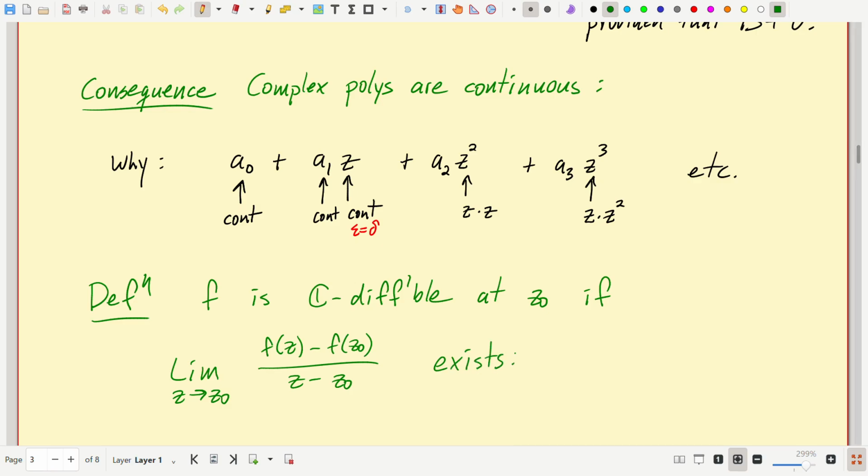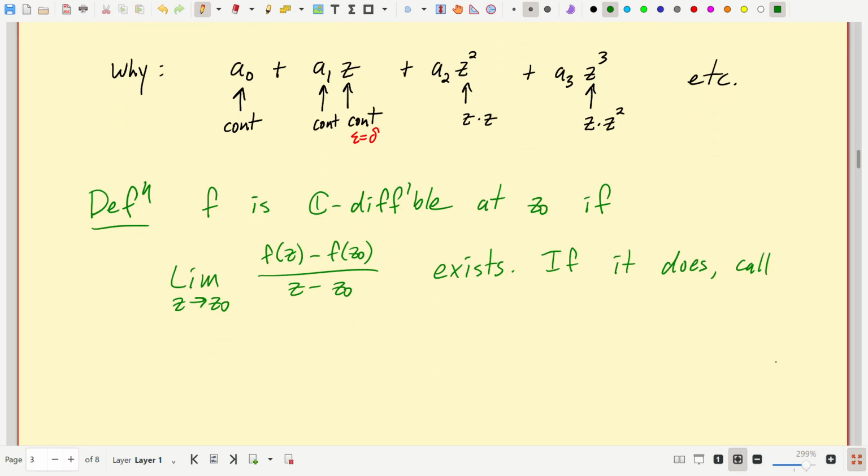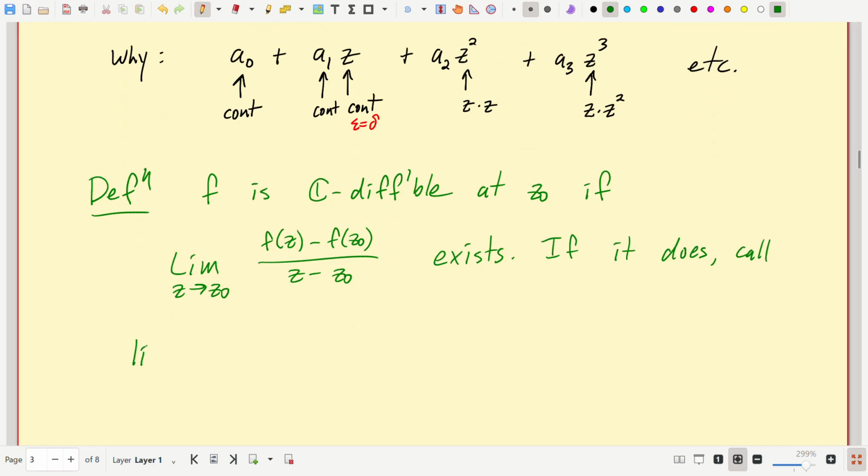If it does, call the limit f prime of z naught. Or sometimes I might call it df by dz when z is equal to z naught. Stuff like the stuff you do in calculus.